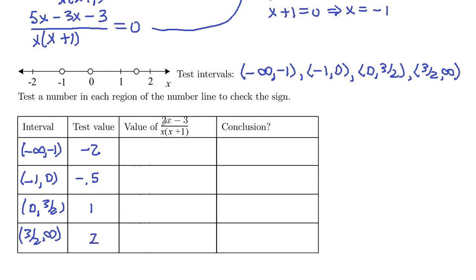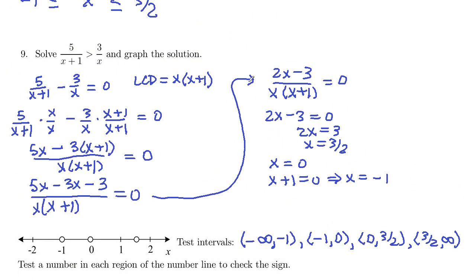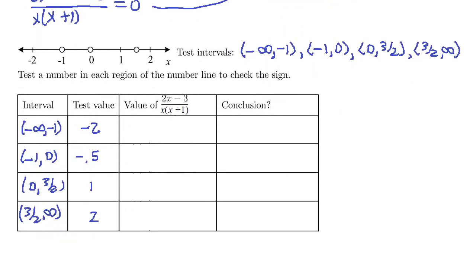And then we're going to plug that into the 2x minus 3 over x times x plus 1, which was the left-hand side simplified. And we're going to see if that is positive or negative. So we want to know when that is greater than 0. So the inequality would be greater than. We set it equal to find the key numbers. So we'll plug our negative 2 in all 3 places.